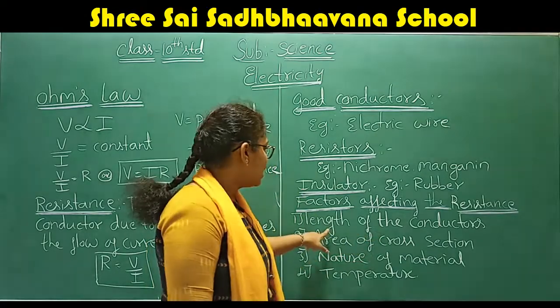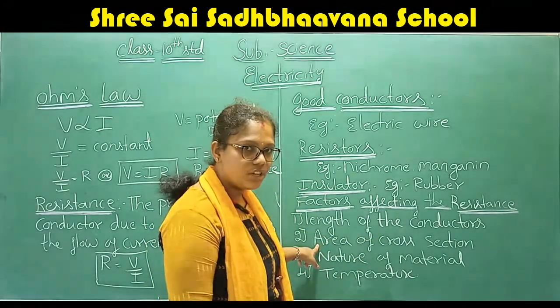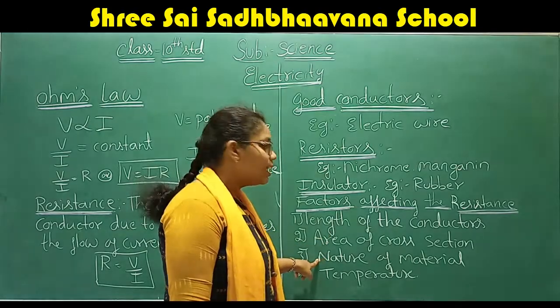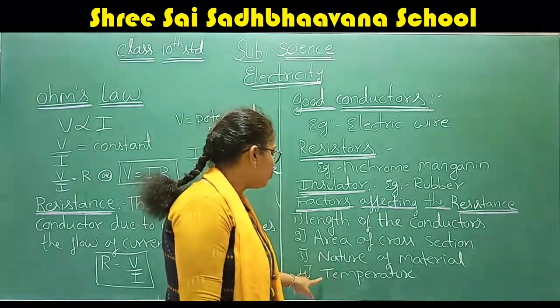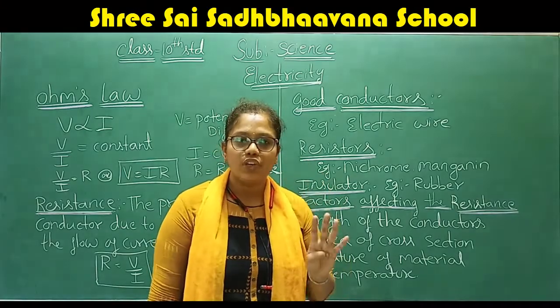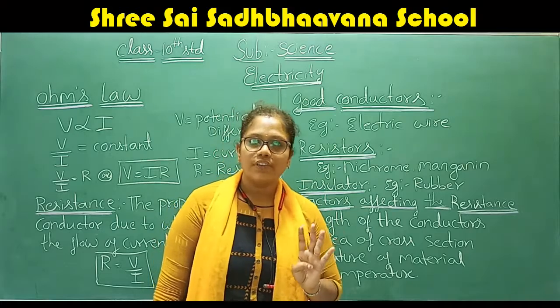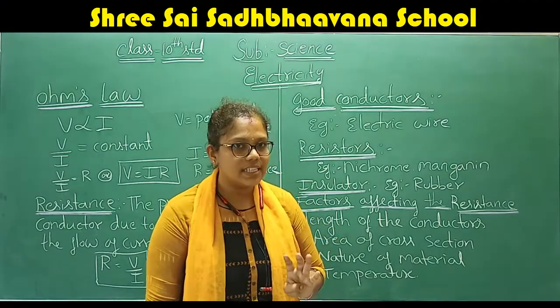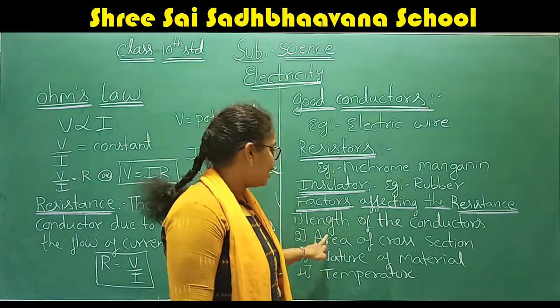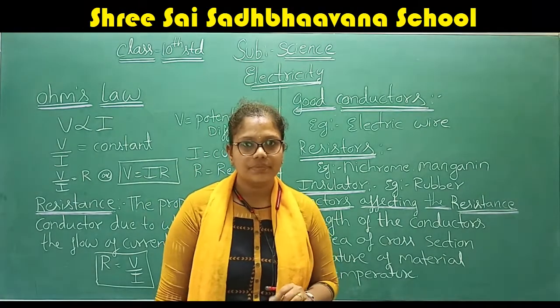The first one is the length of the conductor. The second is the area of cross section. The third is the nature of the material. And the fourth is the temperature. These are the four important factors that affect the resistance: length, area, nature of material, and temperature.